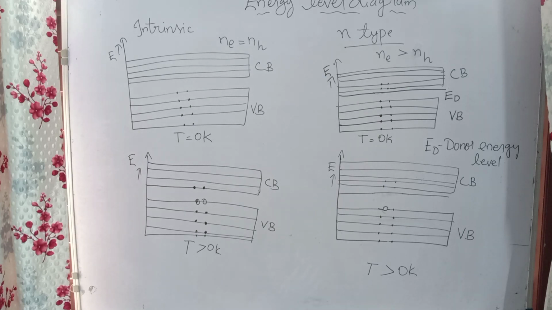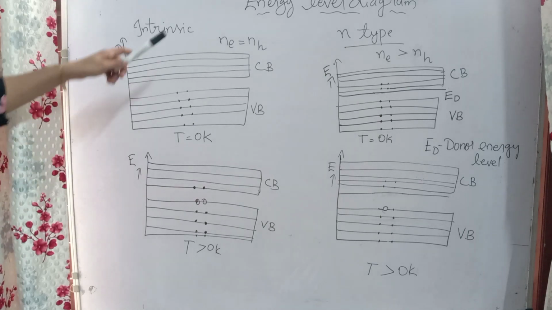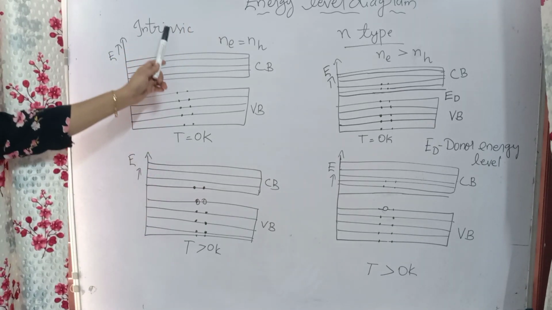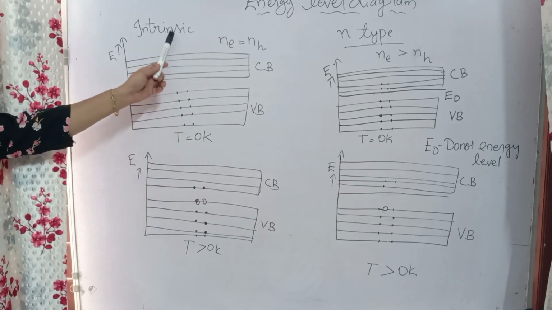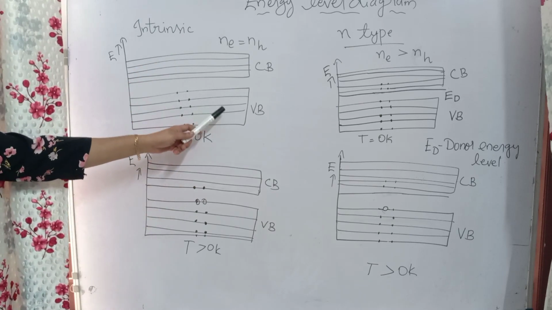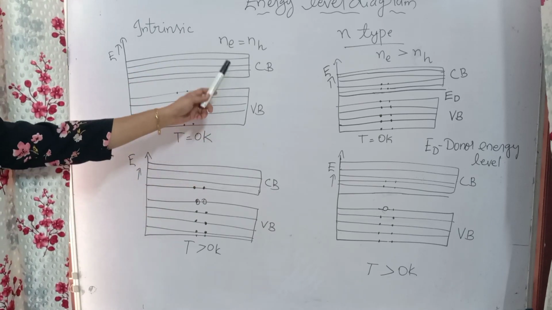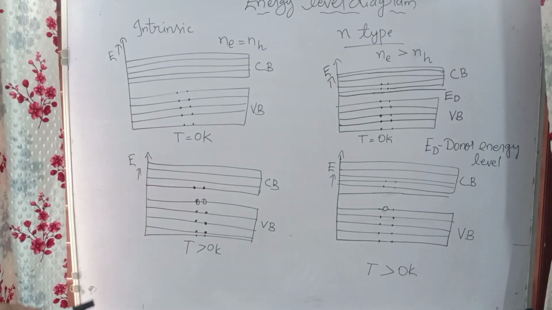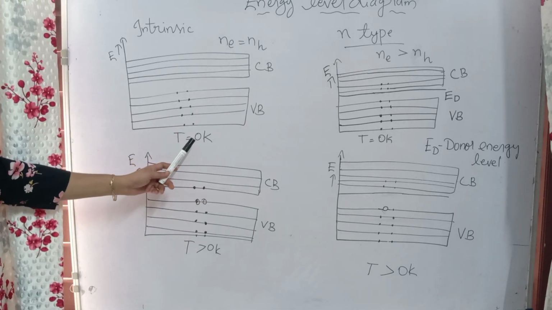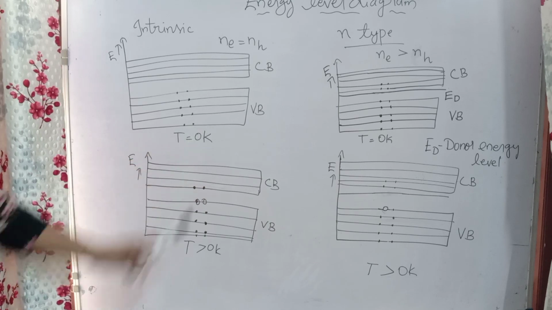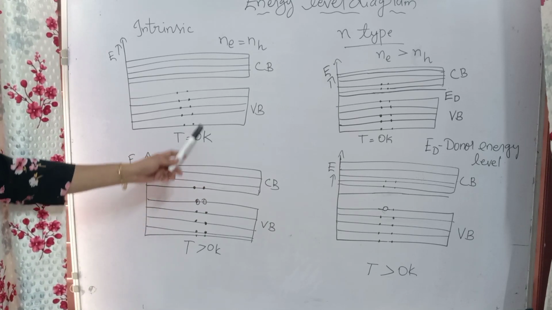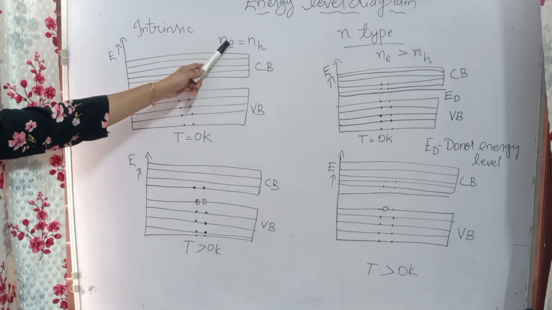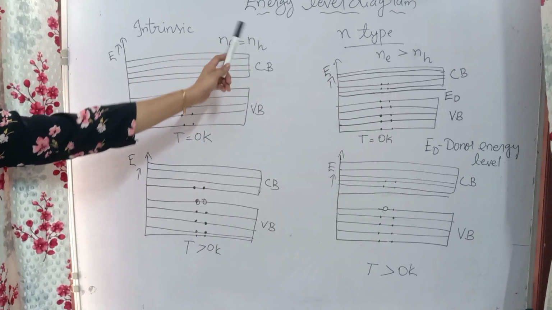Now we can have a quick review by considering the energy level diagram of all the cases. So here we are talking about intrinsic semiconductors, and here we can see the valence band and conduction band. This valence band will be completely filled. Okay, and here we are considering the temperature as 0 Kelvin, and in that case we know that the total number of electrons will be equal to the total number of holes.